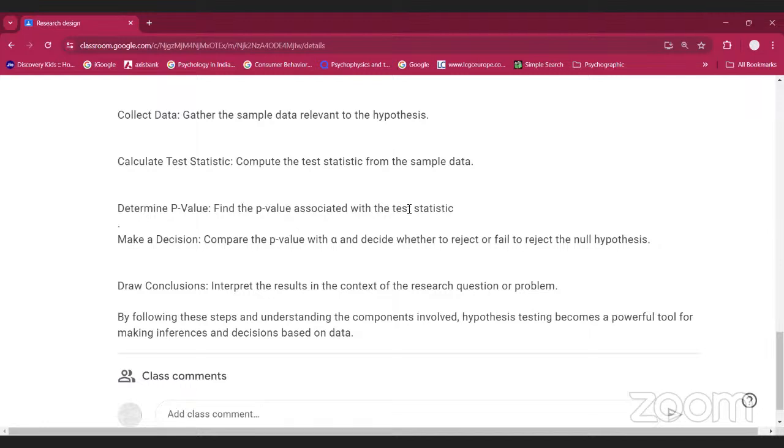Sir, is the design correct, you are saying, sir? How do you collect the data? So first, pre-test and post-test design, sir. First, I'll tell you the procedure. We can make two groups, one the control group and another the experimental group.